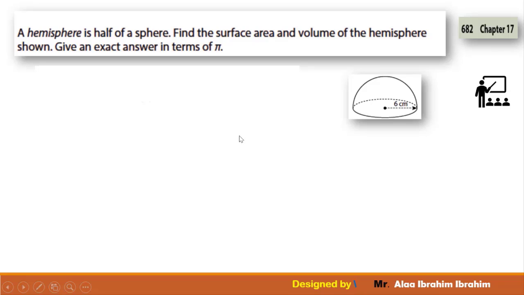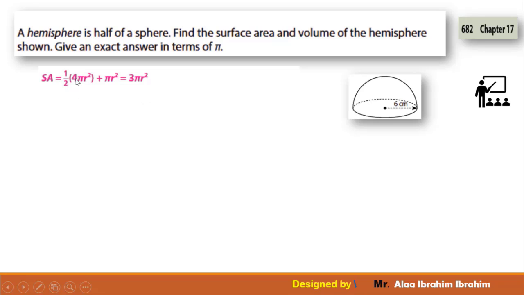Now I'm dealing with another example, a mixed or composite example. A hemisphere is half of the sphere. But here to find the surface area, you have to find the surface area of a sphere, as we took it before, and also the area of the circle, and add both of them together. So this is my formula.